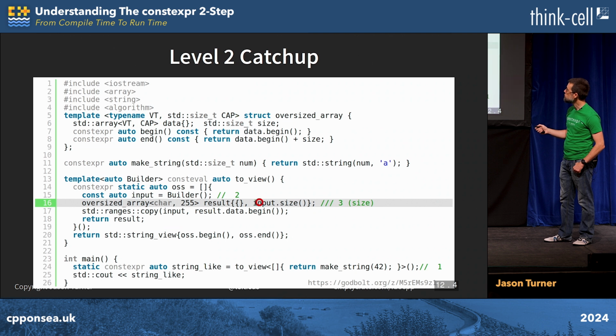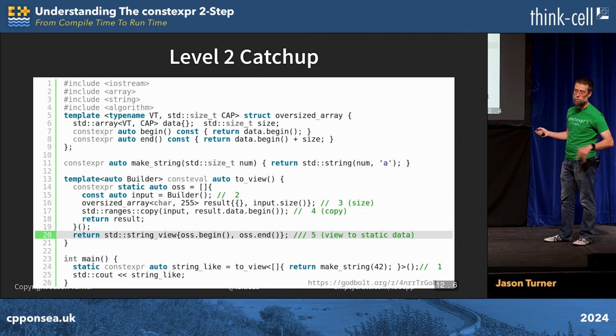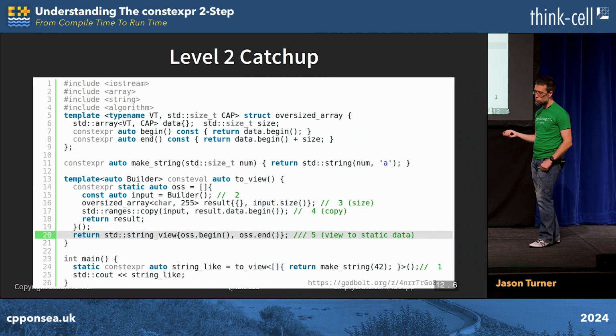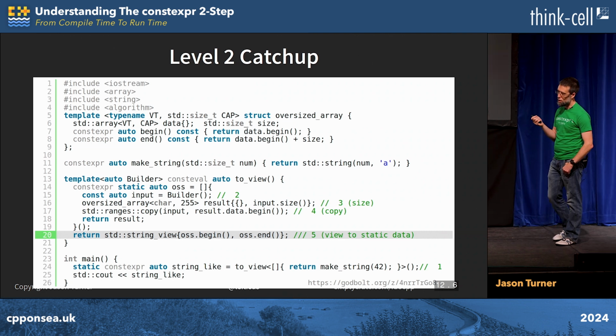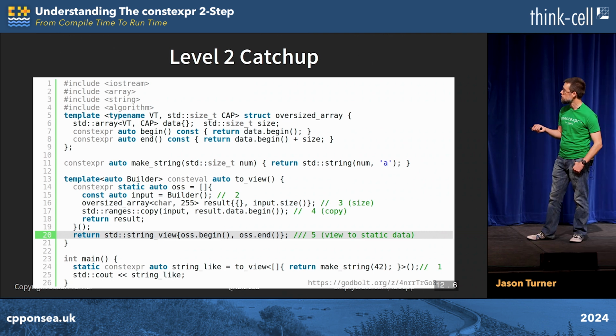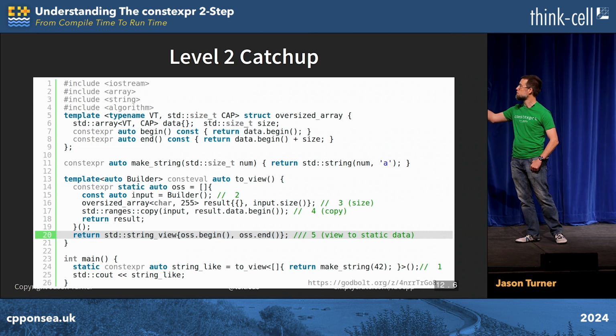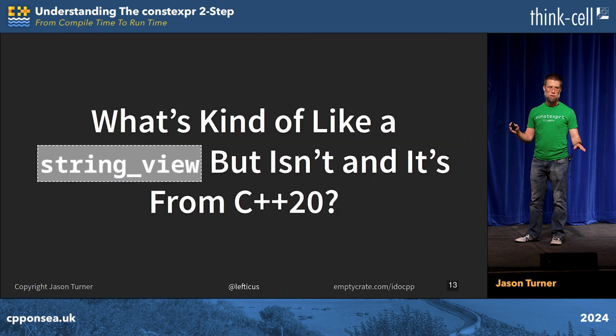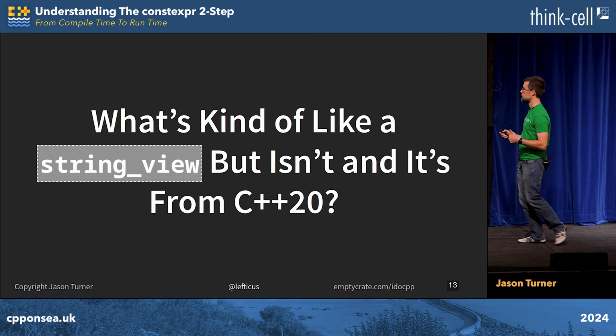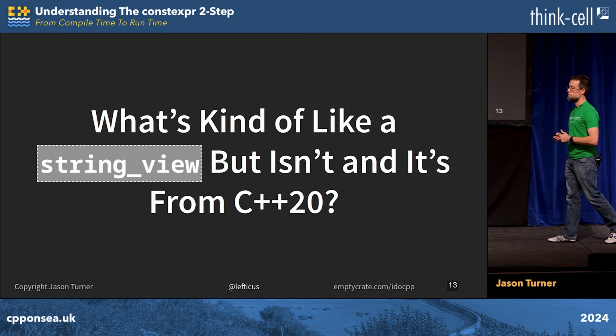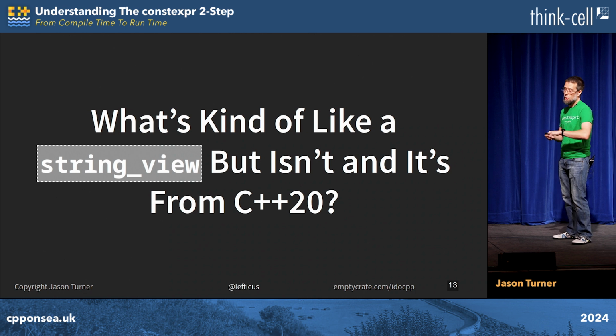So I am initializing the data to nothing, and I'm initializing the size to whatever input.size was, so that information will be kept. And then I do the copy, and I return that, and now I can safely return a string view into that constexpr statically generated thing. Yeah? Okay.